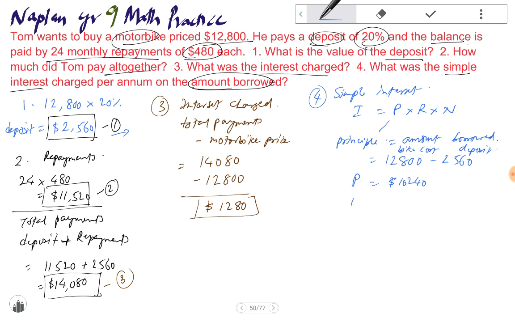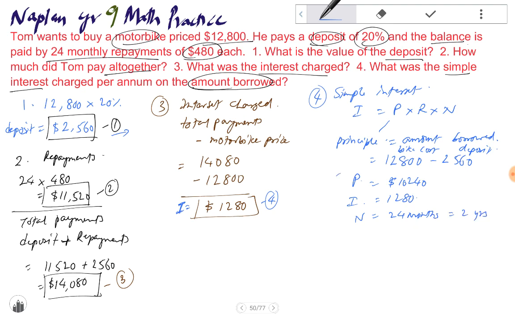And we also know the interest I, which is from the equation over here, 1,280. I is equal to 1,280. N is over a period of 24 months, which is equal to 2 years.